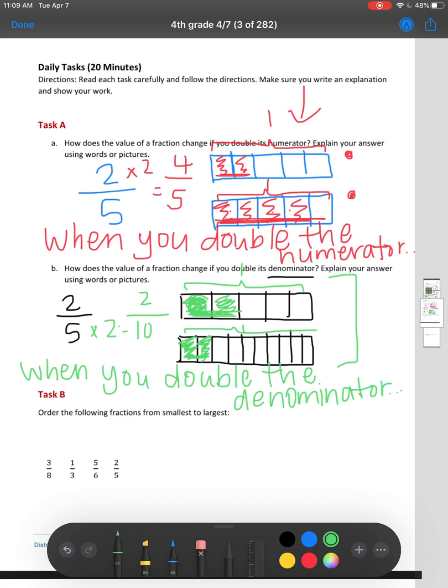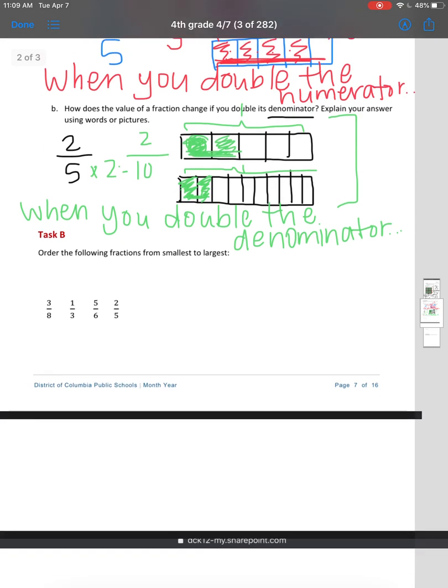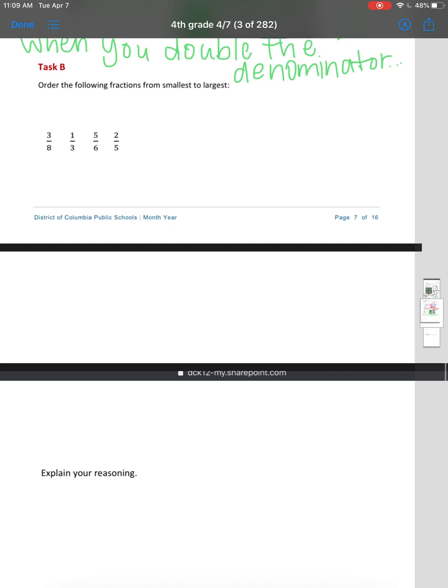So now we're going to go down to our task B. This says, order the following fractions from smallest to largest.